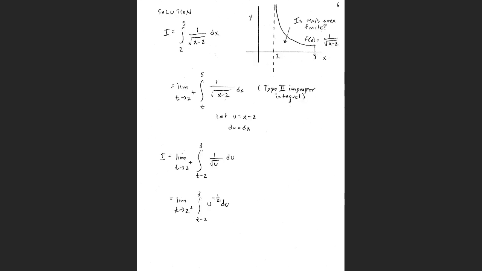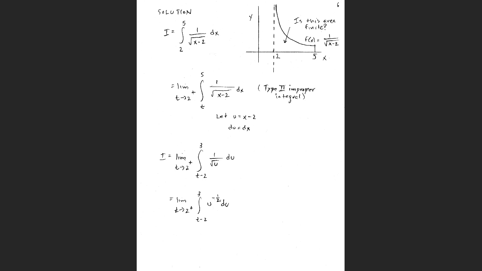So let's take a look at a picture here in our solution. Here is this function, 1 divided by the square root of x minus 2. I've drawn it here from 2 to 5.